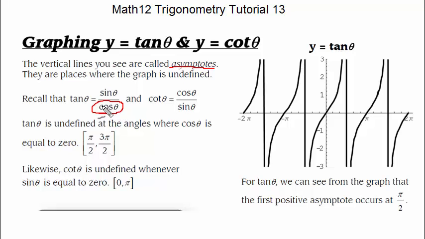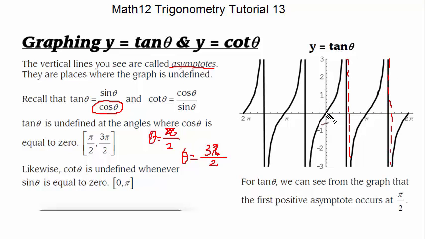So cosine theta equals 0 when theta equals pi over 2 or theta equals 3 pi over 2. Make sense? When these things happen, we have cosine theta equal to 0, and then we're going to have problems. So we draw two vertical asymptotes here and then here. Our tangent function cannot touch this line.